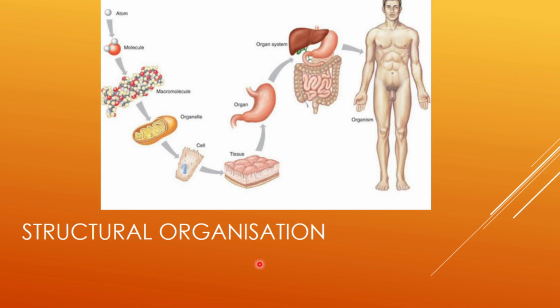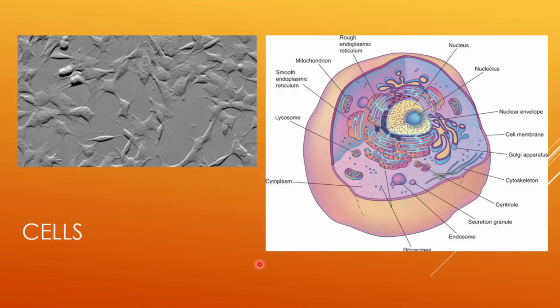We're now going to move on from terminology and discuss briefly the structural organisation of the body, from cells through to systems. So first up, cells. Without cells, we wouldn't exist.